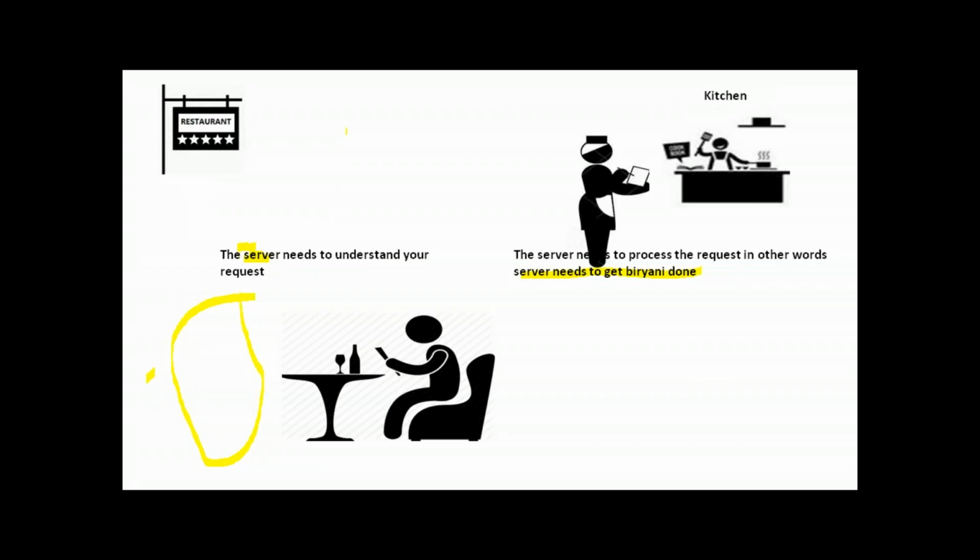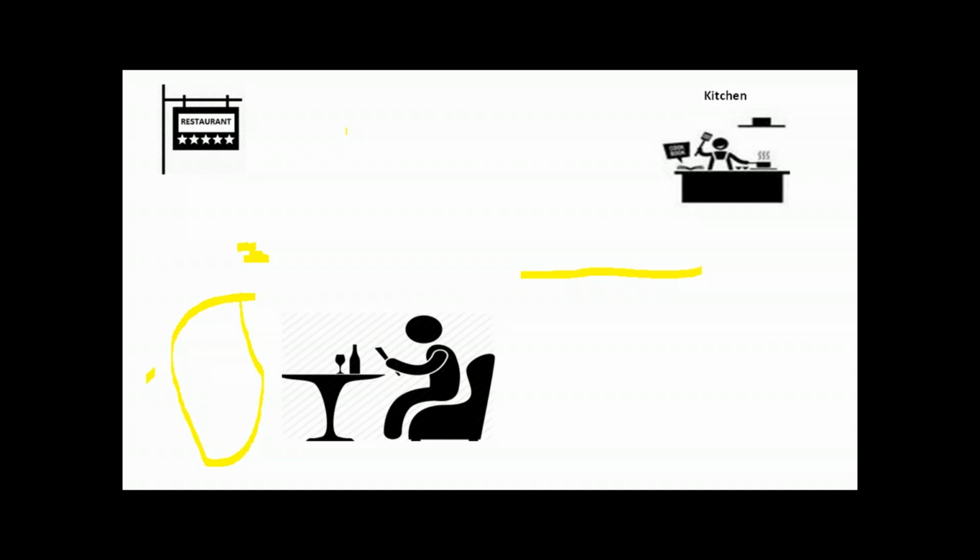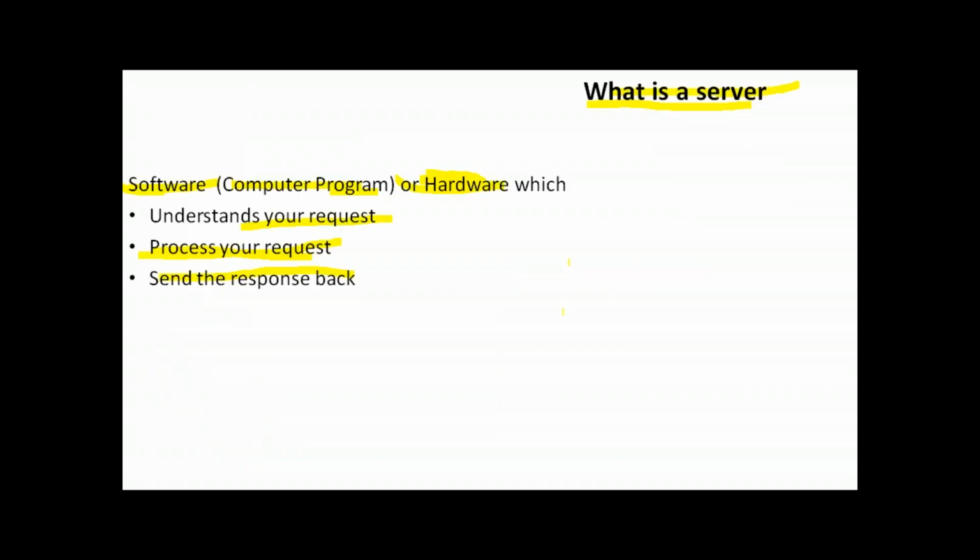So a software program is exactly the same, guys. This was the restaurant server, and even the software server is exactly the same thing. There it's a woman, here it is a computer program, and that computer program first needs to understand your request.